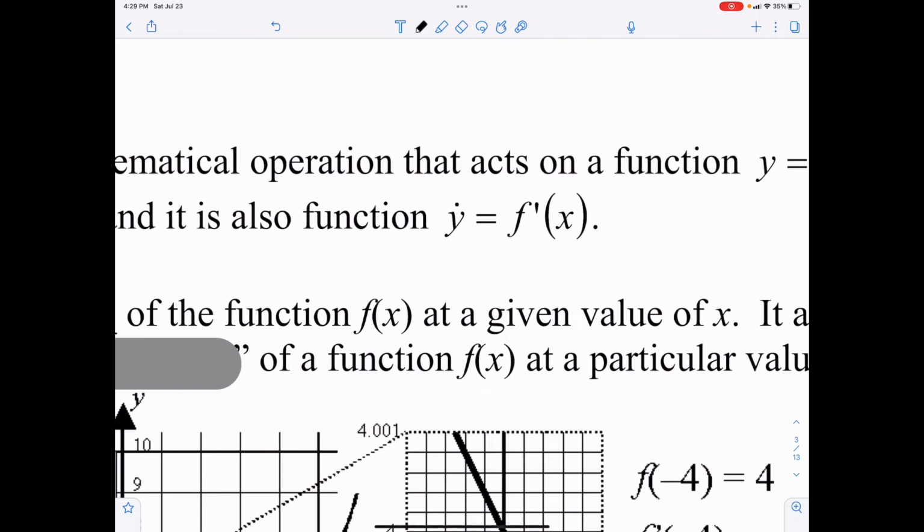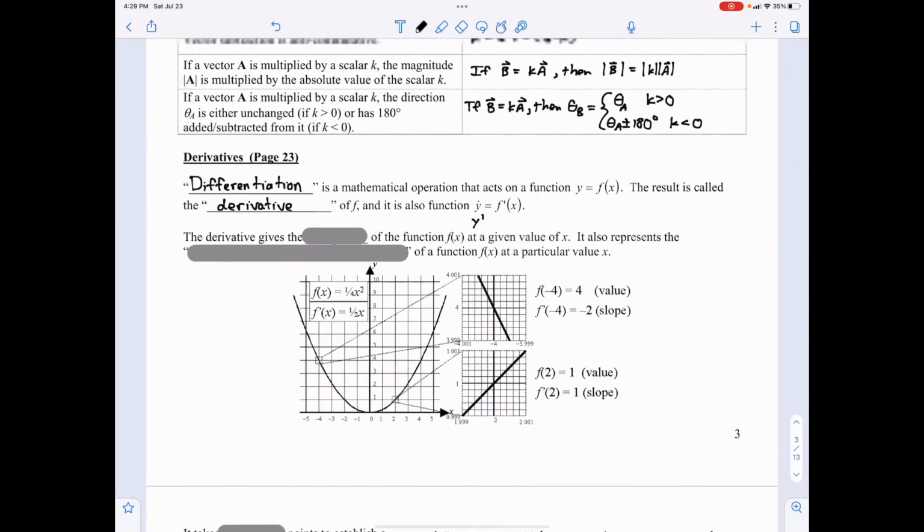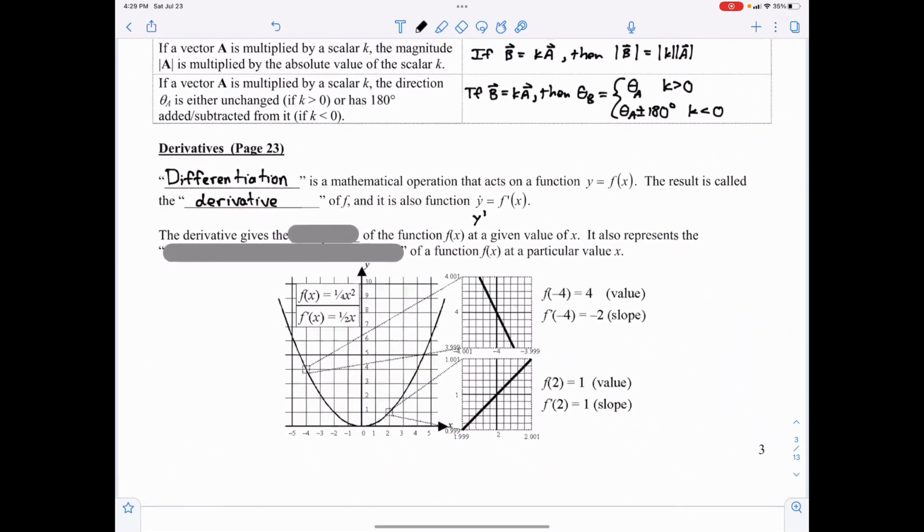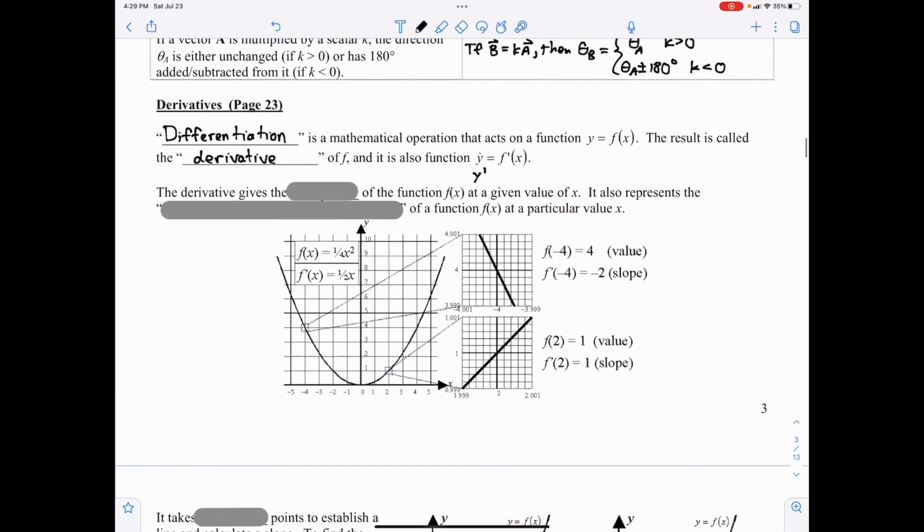Usually it's noted as a little apostrophe afterwards, or f prime of x. The derivative gives the slope of the function f of x at the given value of x. Okay, for us, it represents the instantaneous rate of change of the function. Okay, more to come on this soon.